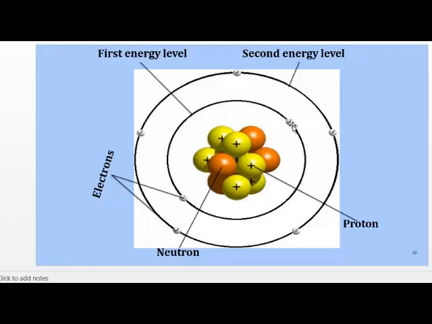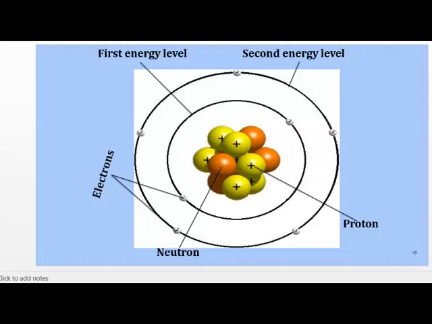So if we take negative plus positive, what do we get? We get neutral. Again, the atom is always neutral in nature. The atom has no charge. So if maybe a certain element has positive or negative, maybe it is because it has either lost the electron or gained the electron, but in its nature, it has no charge.